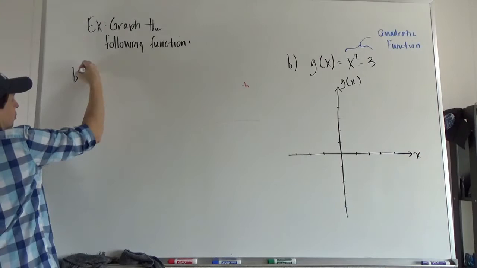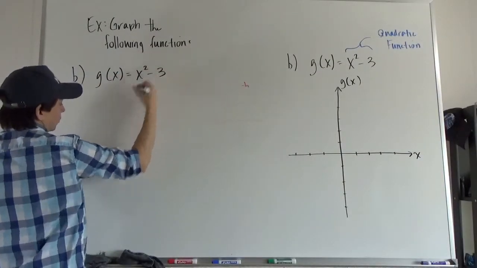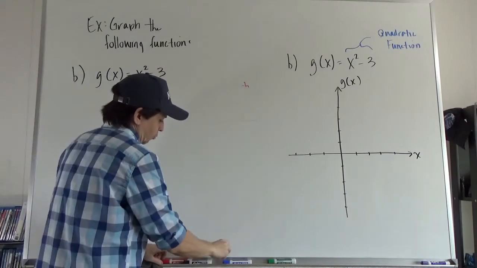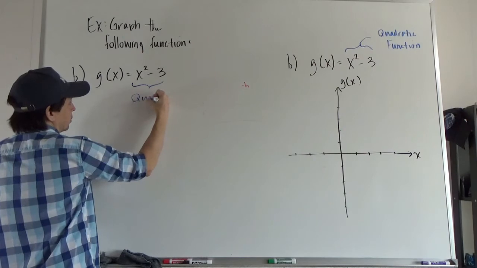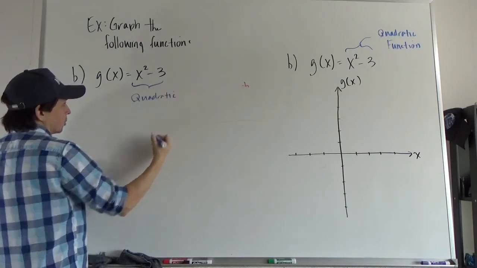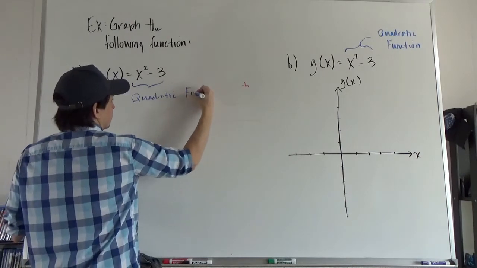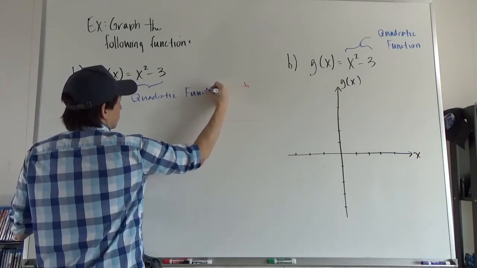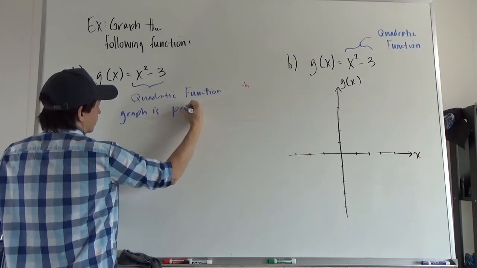So let me just move this over here. Okay, so this is a quadratic function because it has a quadratic expression on the right, an x squared term. And I'll write over here, graph is a parabola. That's the formal term.